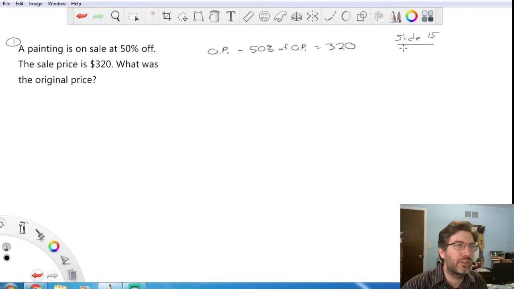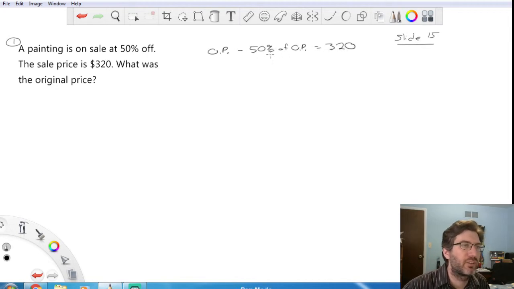So you should be thinking along those lines anyways. We don't know what our original price is, but we can figure out 50% by what we did the other day. That means multiplication there, Eli.